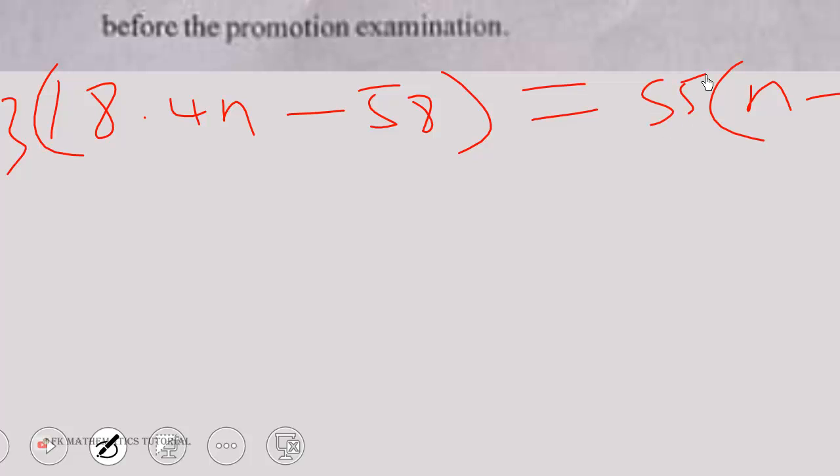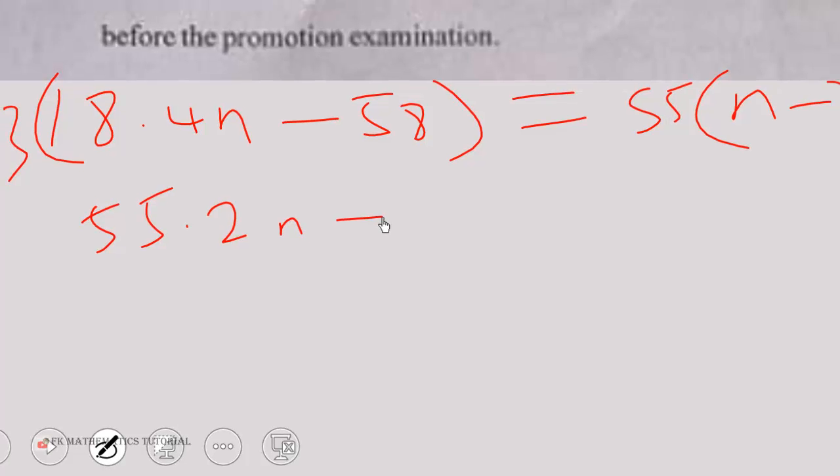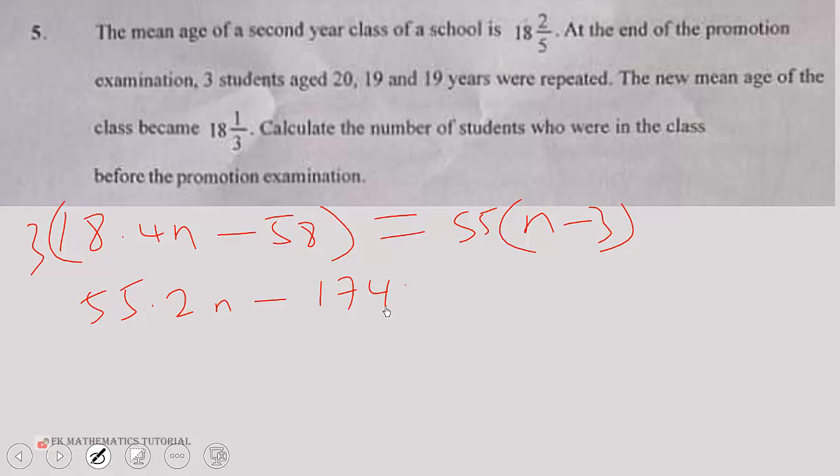Let's expand: 18.4 times 3 will give us 55.2n, minus 3 times 58, which is 174, is equal to 55n minus 55 times 3, which is 165.